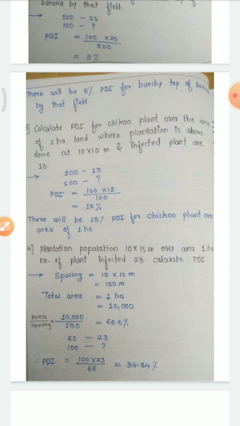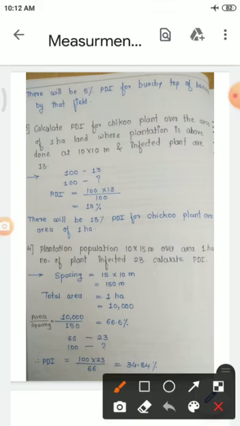Here we have to calculate the total plant population first, for which the formula is area divided by spacing.